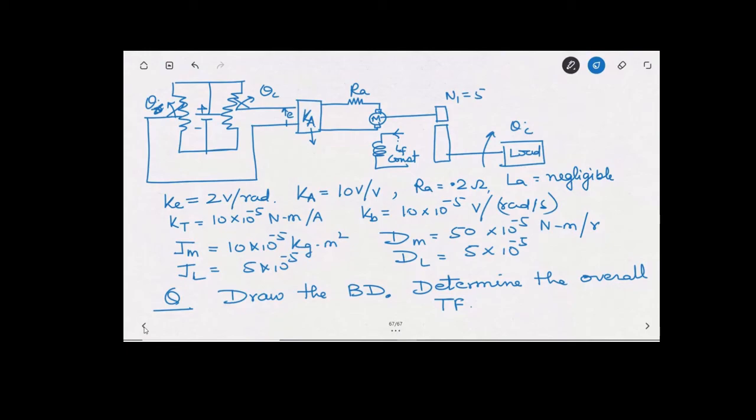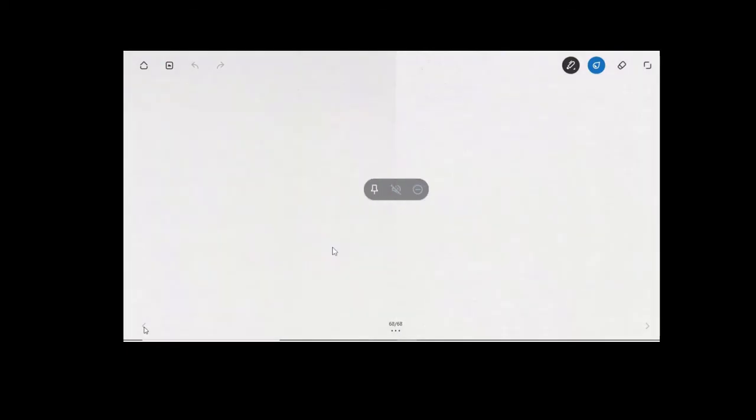Now tell me, how will the block diagram be made? See the schematic, and accordingly we know that there is an error detector, in which input is theta r(s) and output is theta c(s).